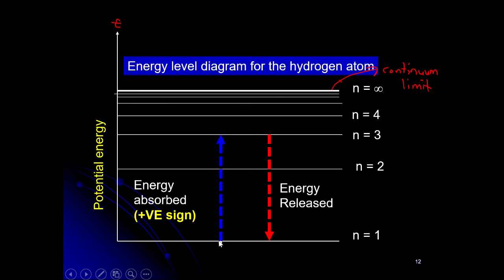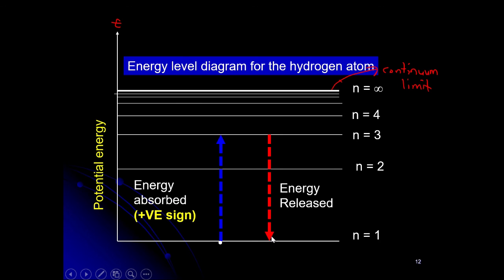Okay, so by using the same example as just now, initially the electron is at its ground state, from n equal to 1, and then it absorbs enough energy and moves up to a higher energy level. So here we say energy is absorbed, so the value of delta E must be positive, and then at the excited state it becomes unstable.